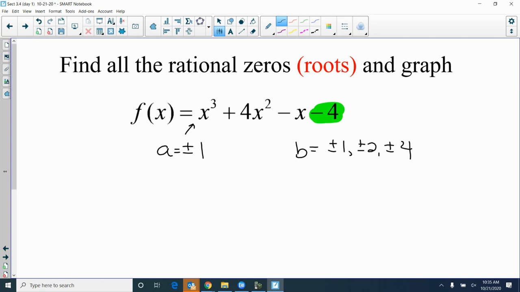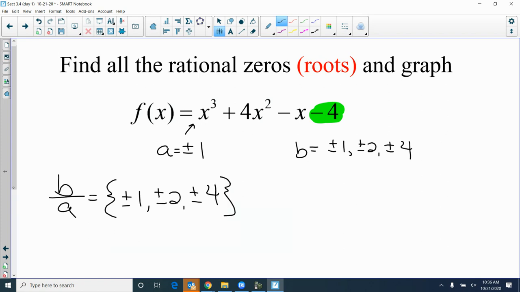All right, now what do I do here? Now I take b divided by a. Well, a is just 1. So you're taking 1 divided by 1, 2 divided by 1, and 4 divided by 1. So here's what we're left with: plus or minus 1, plus or minus 2, plus or minus 4.